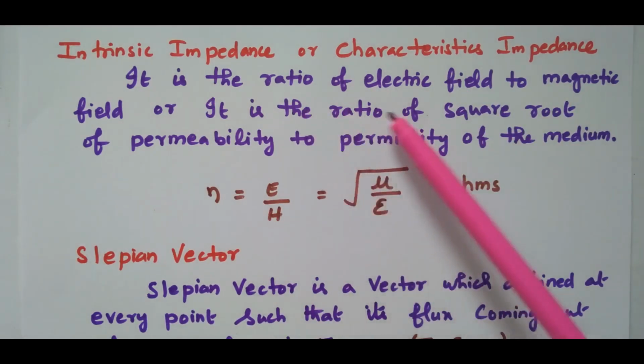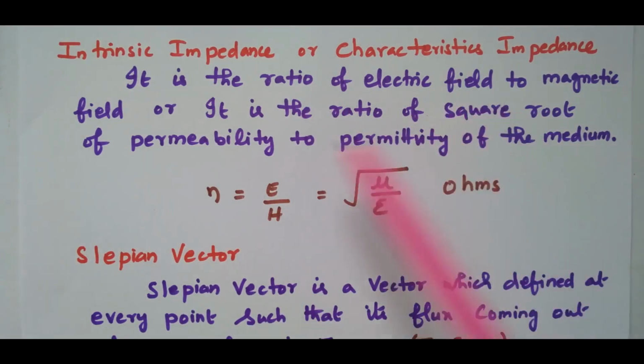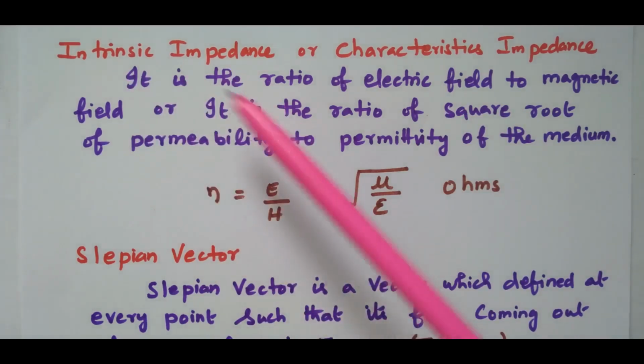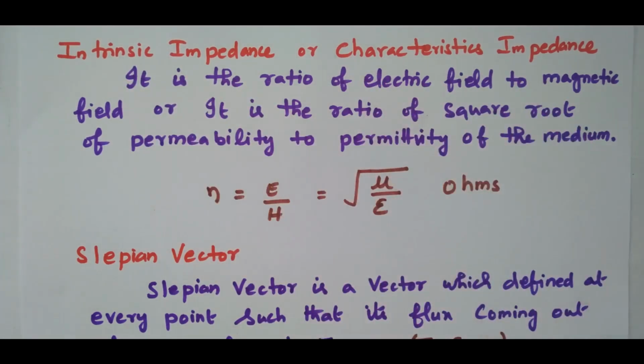It is a ratio of electric field to the magnetic field, E divided by H. It is also the square root of permeability to permittivity of the medium, square root of mu by epsilon. The unit is ohms.